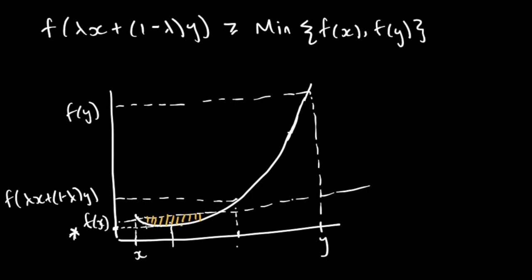So as soon as the function starts to exhibit a convex-like shape, this definition keeps those functions out. As soon as you see something like this, it violates the definition for a quasi-concave function. And we're ending up then with a function that's not quasi-concave.